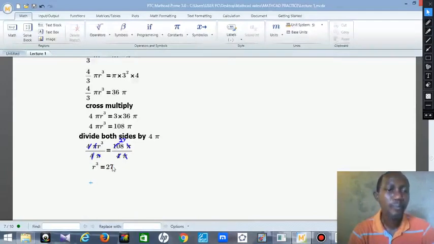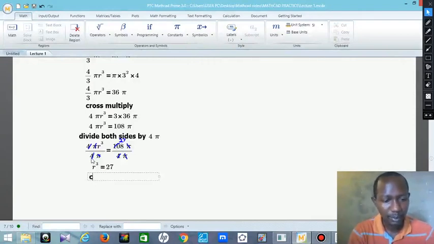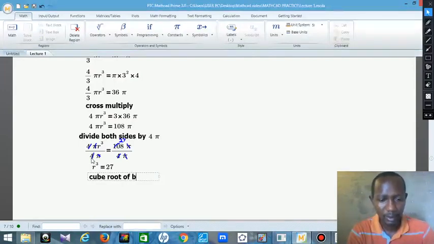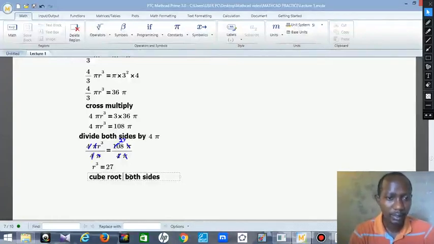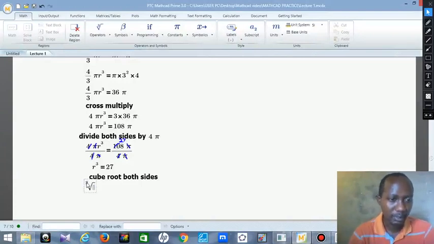Then how do we remove this cube from this r? That means we are going to find the cube root of both sides. So when you cube root both sides, we are going to end up having, remember, cube root means 3 is going to be here.